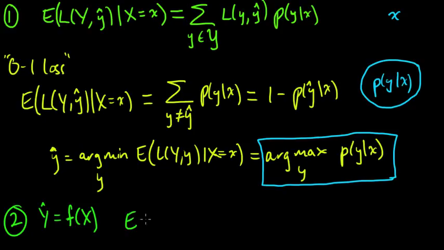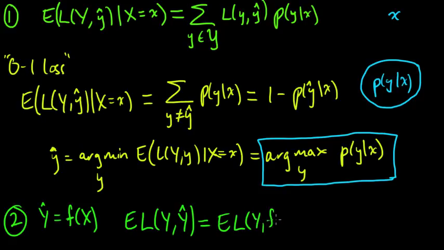Now we want to minimize the expected loss, and what is that? Let's write down what it is that we want to minimize. It's the loss between the true y and our prediction, which is random now. And we take the expected value over all the random stuff, which is x and y. So we're not conditioning on any particular value of x anymore. What is this y hat? Well, by definition, that's just f of x.